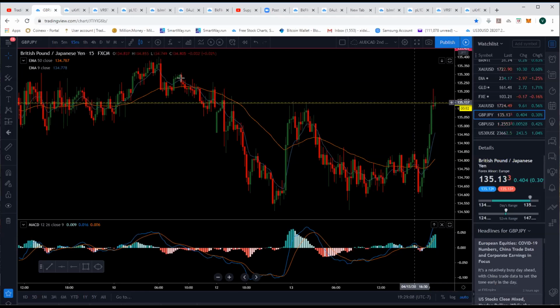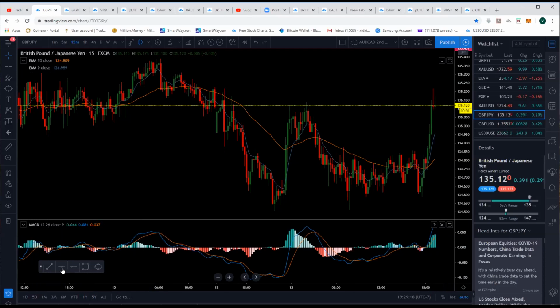So I would just watch and see if you get a reversal pattern. Okay. And then look for that entry there.